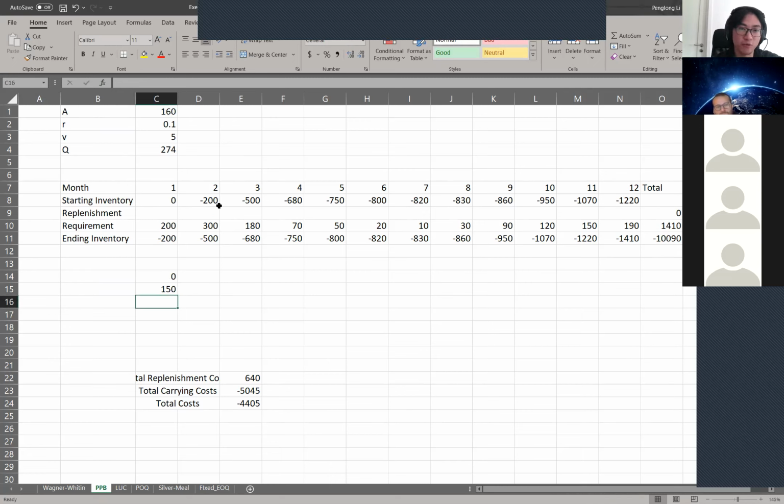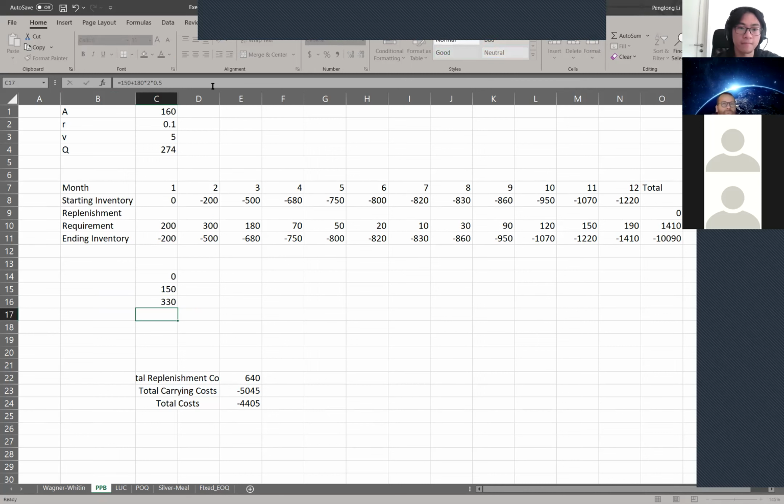So we want to calculate once more when it's higher and see which one is closer. So we use this and sum it with 180, but we're carrying it for 2 months, and multiply it by 0.5. And we see the number is 330. When we compare it to 160, we see that this is closer, which means we supply the demand of the first 2 months.